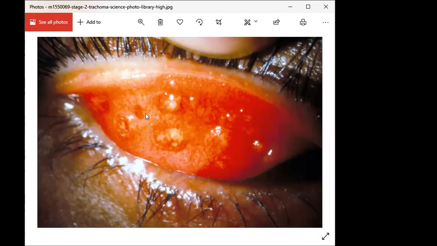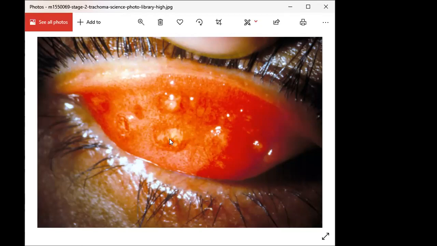It belongs to the Chlamydiaceae family, but let it be. What we need to know is that there are different serotypes in chlamydial infections, around 11 serotypes. The first three serotypes, A, B and C, cause the normal trachoma.